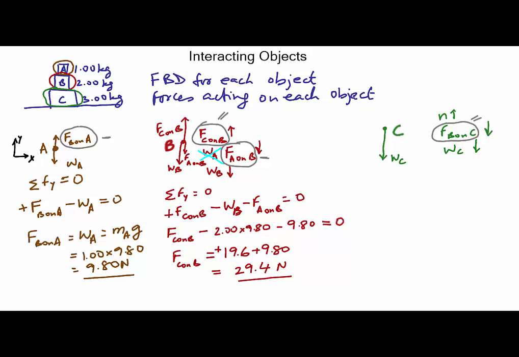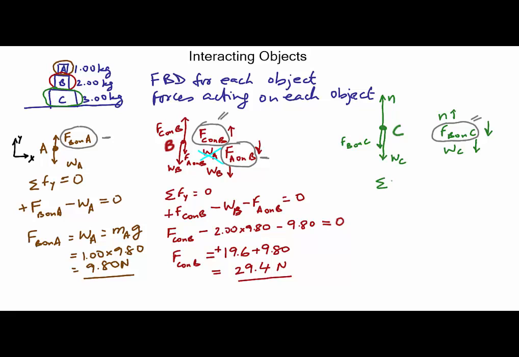And we got the direction captured by these arrows, and we'll take care of it in the signs when we set up the equations. The values of FC on B and FB on C only capture the magnitude, so they will be just equal to each other. So FB on C is about 29.4 Newton, so that would be something like this, FB on C. And then I've got the normal force on C that acts straight up.